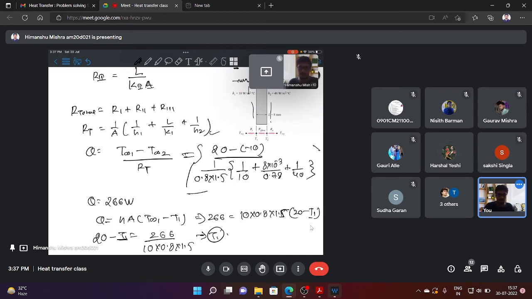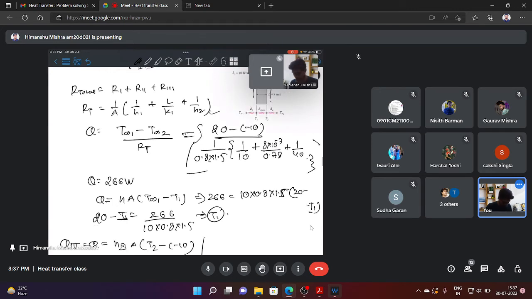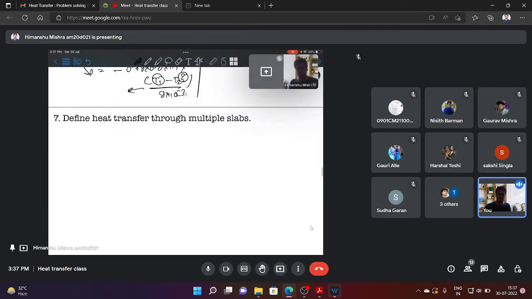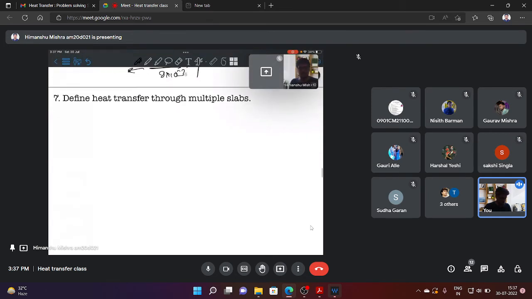No, sir. Okay. So let's go further into the same problem. In the above problem, we saw that there is one slab and there is convection heat transfer on both sides of the slab. Now, let's say we have multiple slabs. There will be convection at the left side of region 1, the left side of the slab.